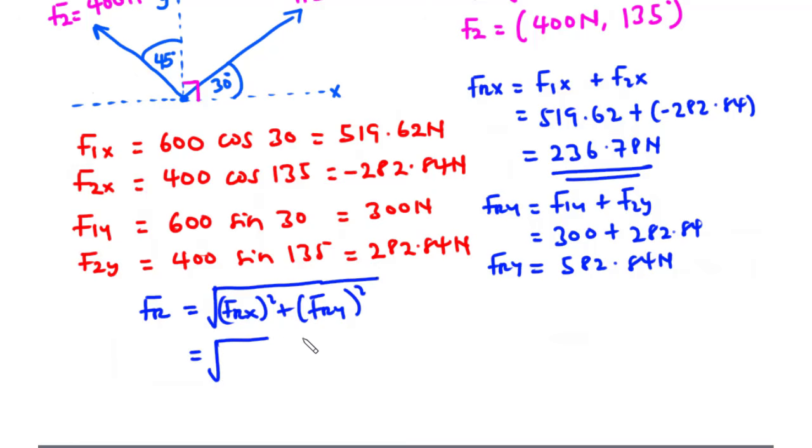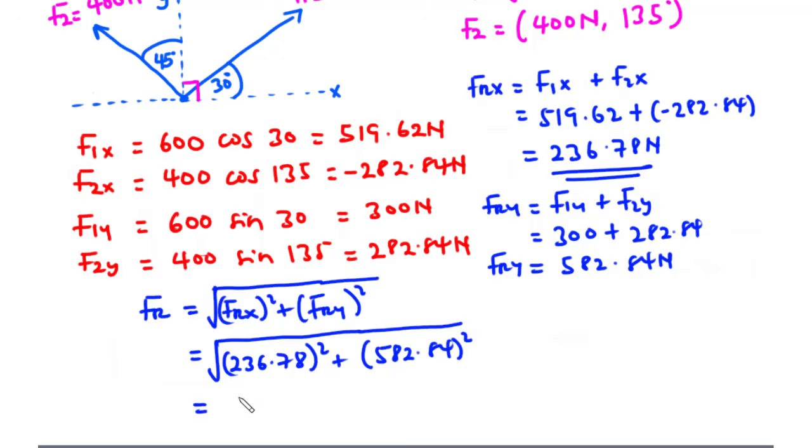So we have the square root of 236.78 squared plus 582.84 squared. So we have the resultant force to be 629.1 newtons.